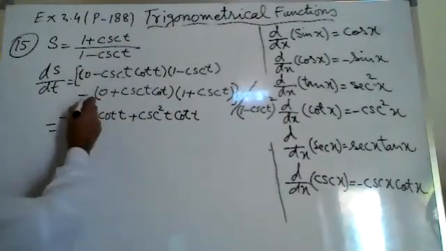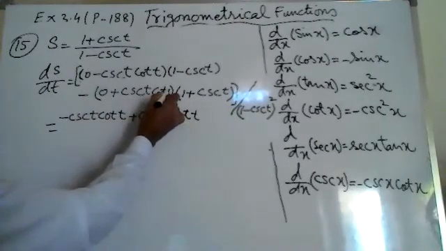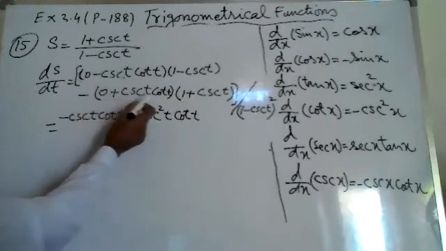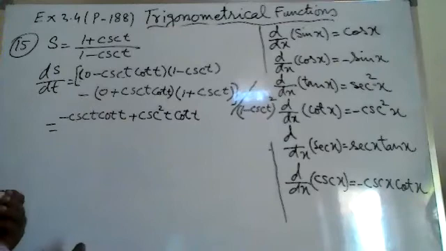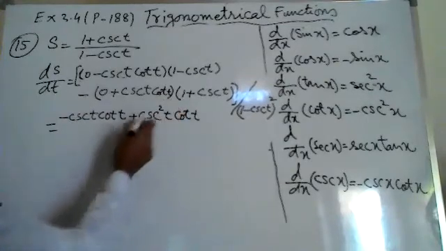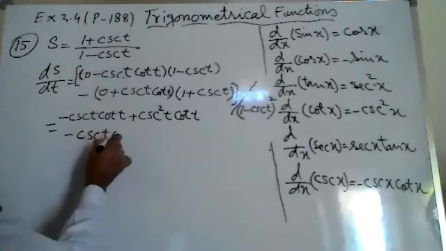Now minus, 0 plus cosec t cot t will be equal to plus cosec t cot t. Minus into this one will be minus cosec t cot t. When it is multiplied with 1, it will become minus cosec t cot t.